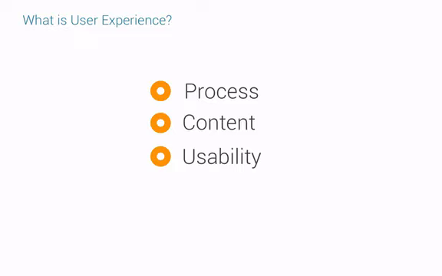Is it straightforward, or does it require some digging around? UI. This is the aesthetic touch. How does it look? How does it feel? Designers get caught up here more than anywhere else in the process. And support. The user needs to feel as if an invisible guide is showing them where to go every step of the way, supporting them through their tasks.